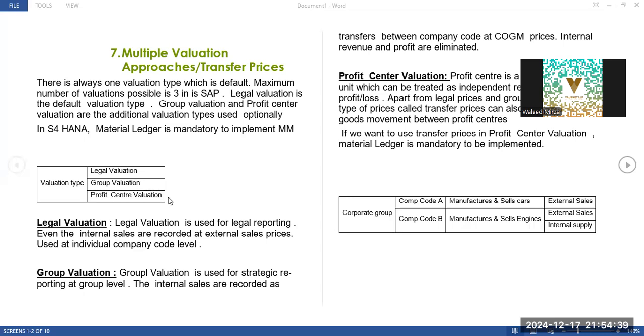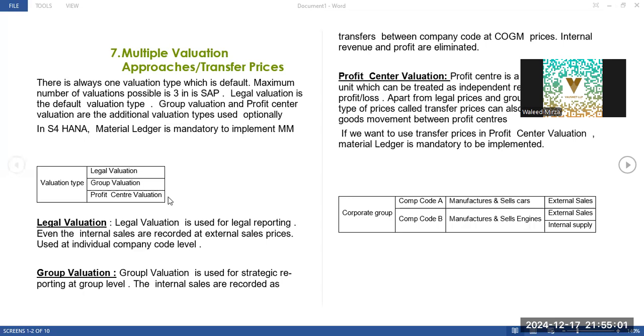Profit center valuation can be different for every customer because profit centers can be geographical locations, retail stores, or products. Each of these segments can be a business niche.